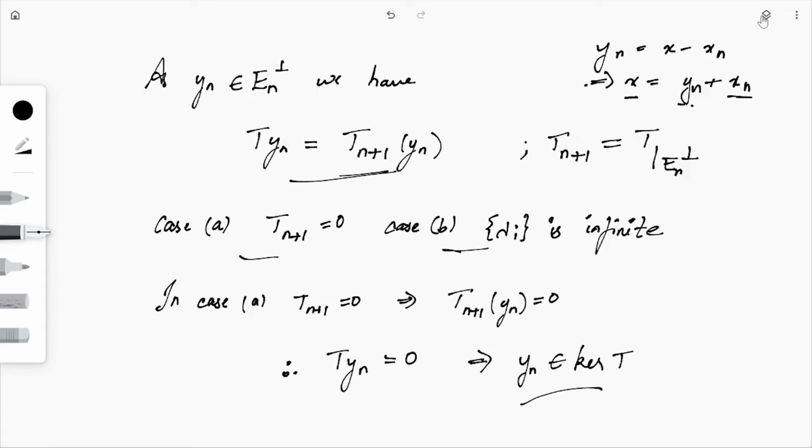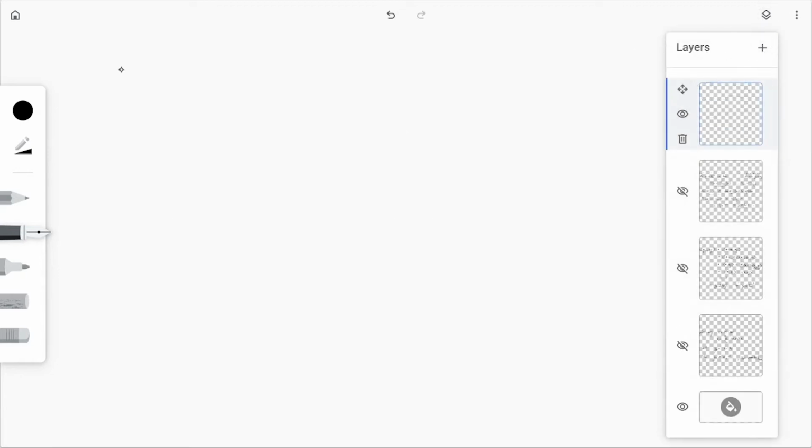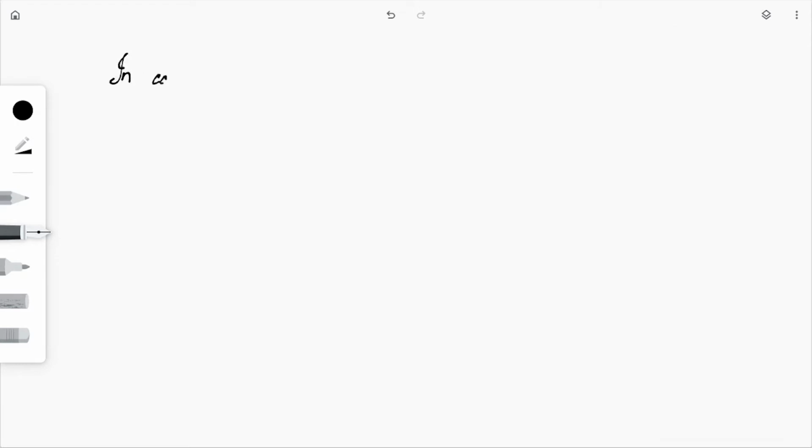Now let's see case B, that is, when the set of eigenvalues is infinite.